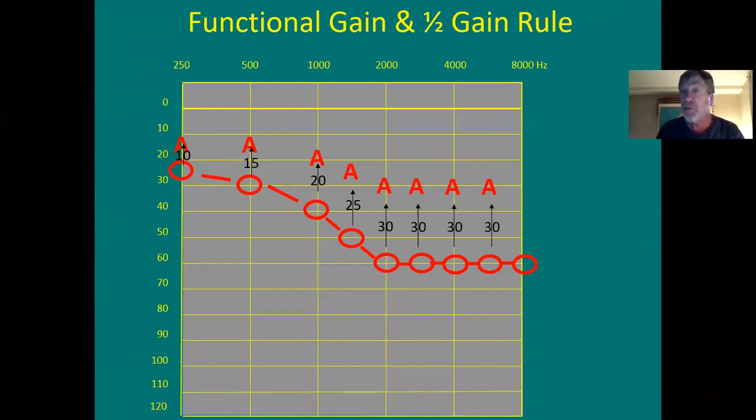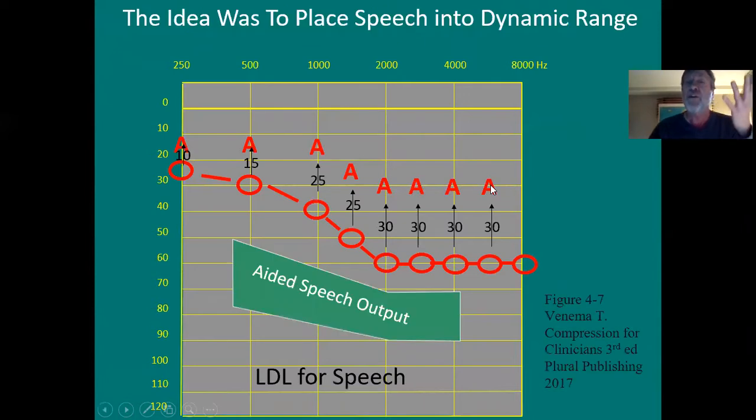Now remember, the warble tones coming from the speakers are really soft, because you're trying to test the guy's thresholds. So you're presenting the softest tones possible. And if I can raise his aided thresholds halfway above, then this would happen.